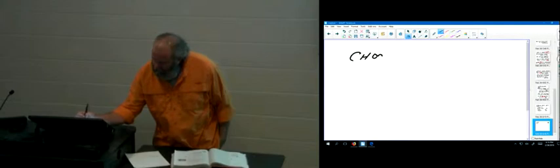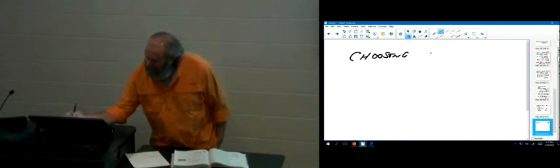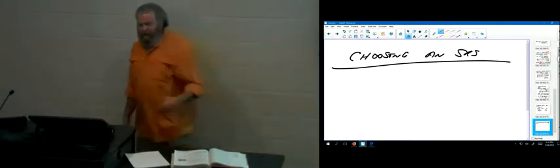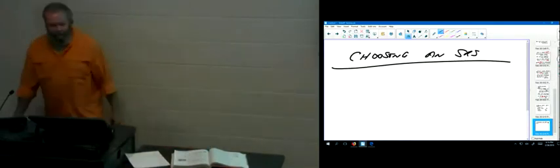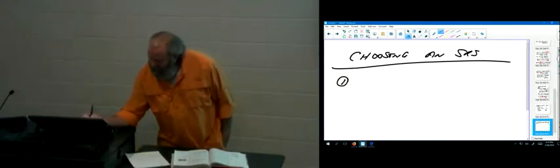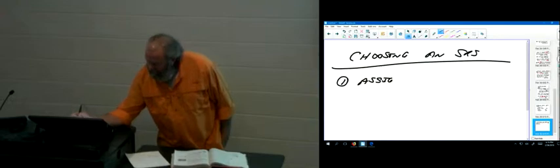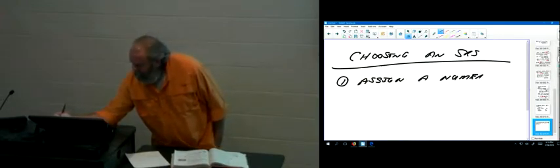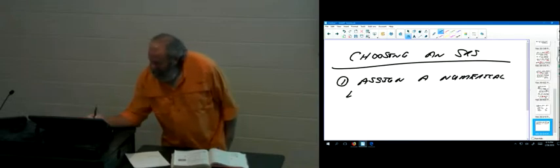Now, here's the way we choose a simple random sample using this table. Choosing an SRS by hand. There are 2 things that need to happen here. 1, we need to assign a numerical label.